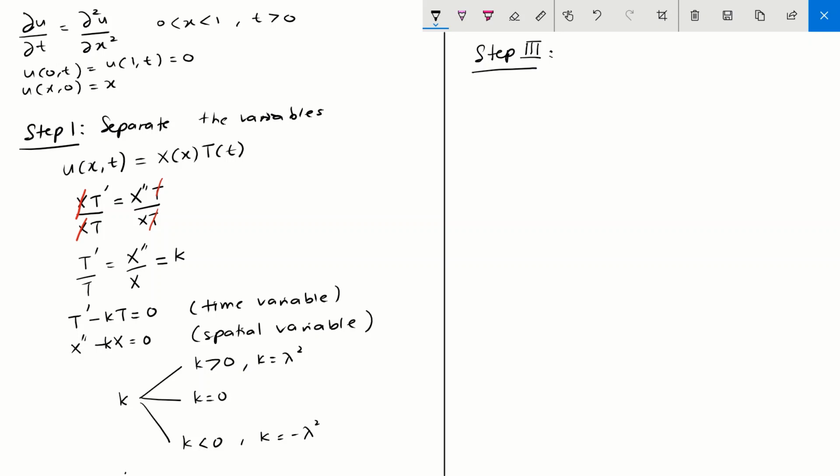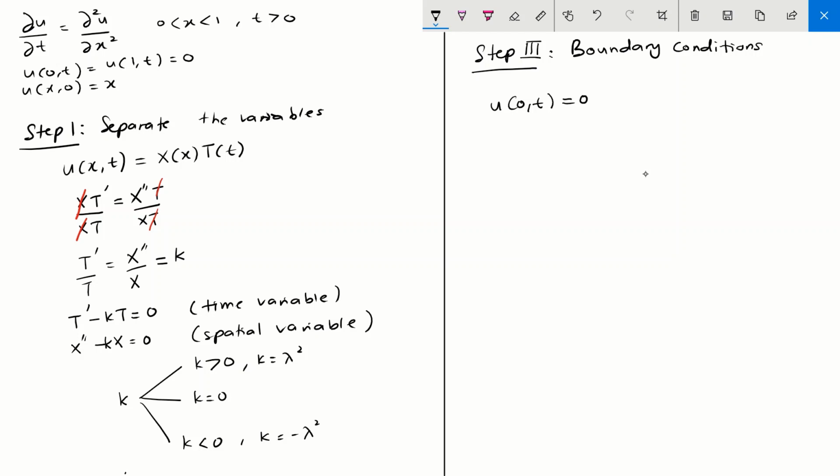So step 3, since we need to solve the spatial variable, we need the boundary conditions for the spatial variable. Step 3 is to set up the boundary conditions. The boundary conditions given in the equation: u(0,t) equals 0 for the first boundary condition.